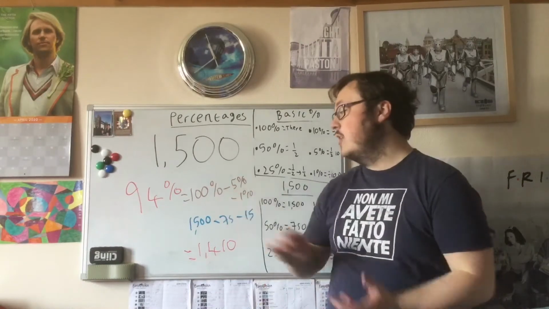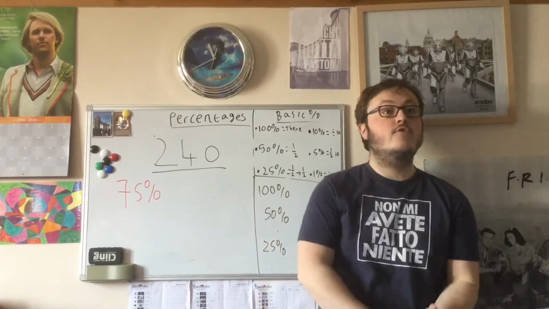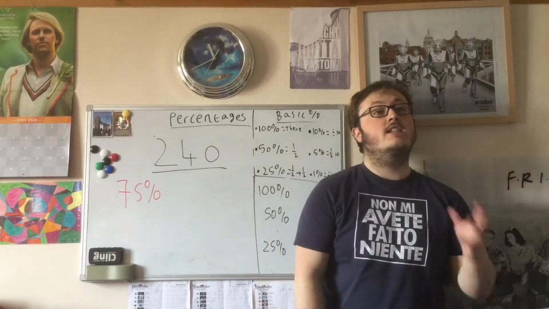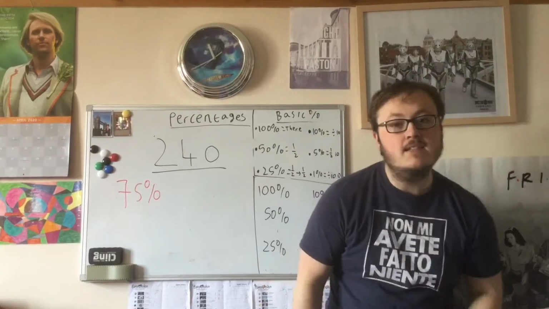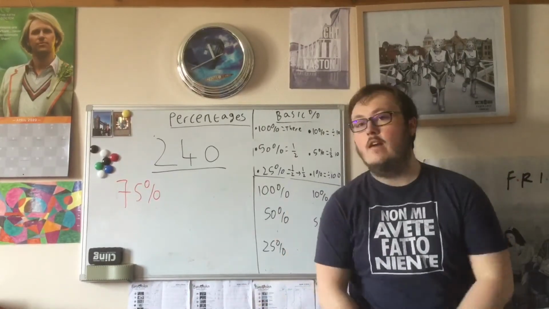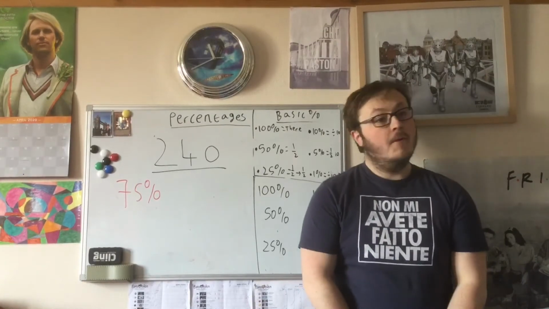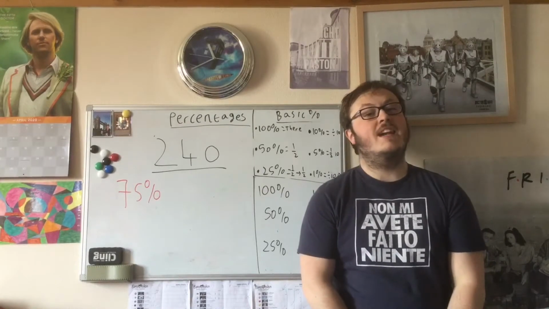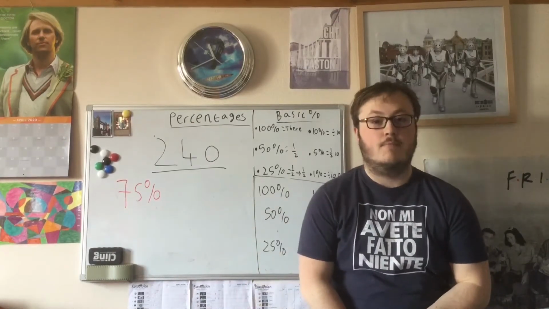You can also subtract. Now I have the number 240 and I want to find 75% of that number. The problem is I don't have any of the basic percentages on me. So what we're going to do is we have to find the basic percentages that are essential to solve this problem.